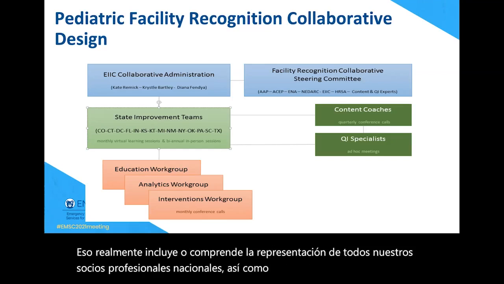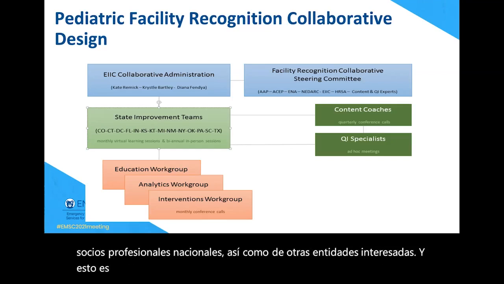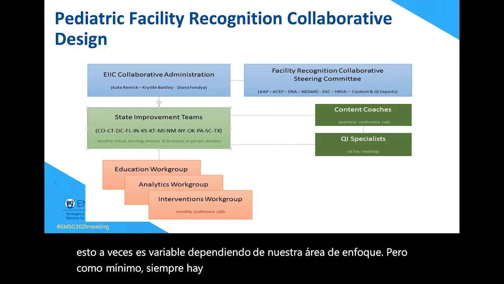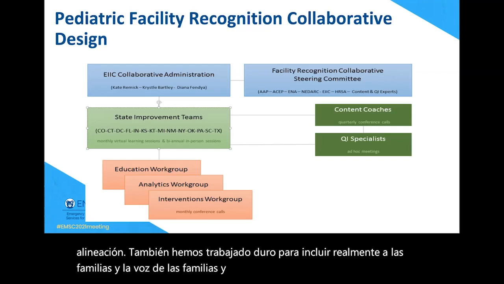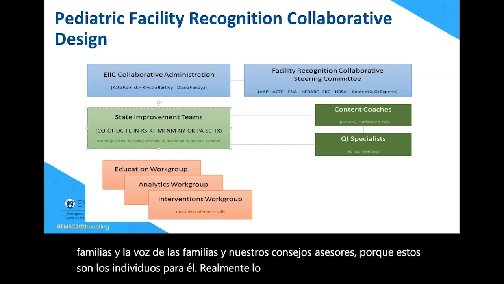And this is sometimes variable depending on our area of focus. But at minimum, there's always some advisory group that helps us with our alignment. We've also worked hard to really include families and the voice of families in our advisory councils, because these are the individuals for whom we're really trying to improve our emergency care systems.